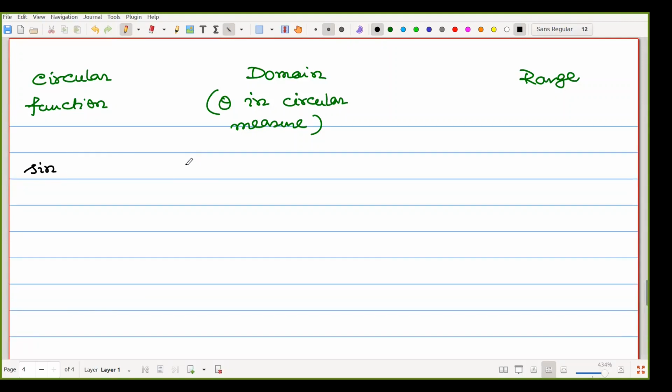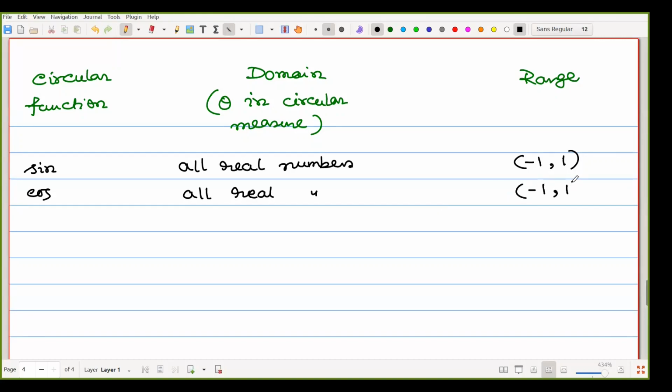In that case, all real numbers, that means the theta, and range must be between -1 and +1. For the cos, that is also for all real numbers. Here the range is also -1 to +1.